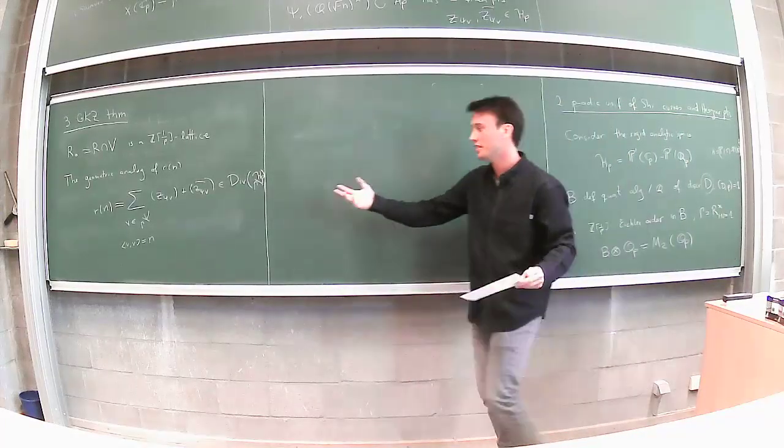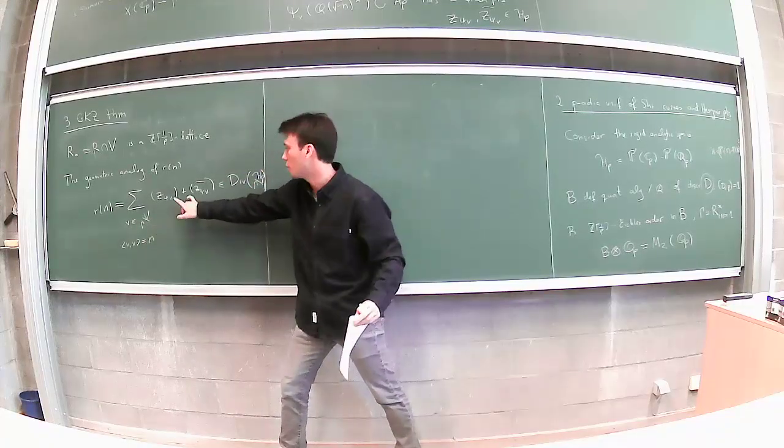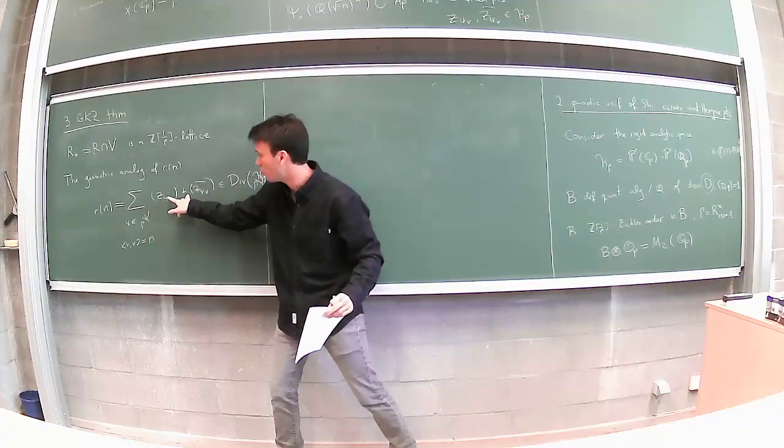So now you can see that in a way it's counting vectors of length n, but instead of just counting, we put these two points.